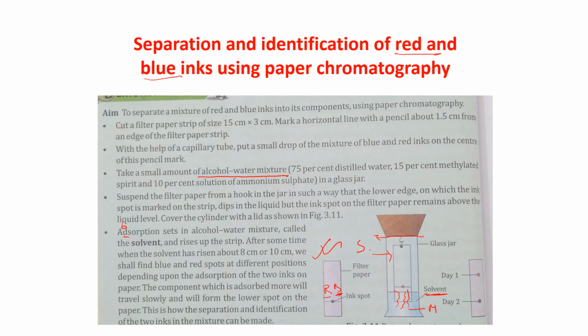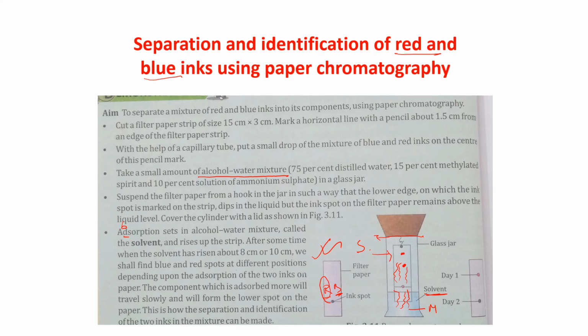Suppose it is absorbing the red color faster than blue color. So when it goes up, it will take red color with it first. So maybe here you will get a drop and here you will get a drop.